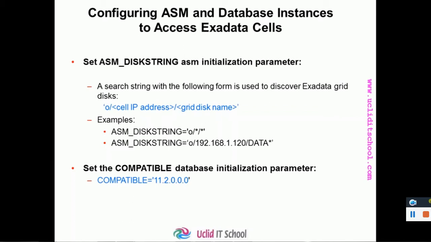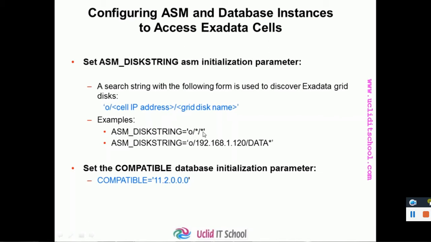The first two storage servers are allocated to one database, the next two storage servers to another database, or ASM cluster. In that case, you can specify which ASM cluster should access which storage server grid disks. So in that case you use the second format, but this is the default format on the real machine.